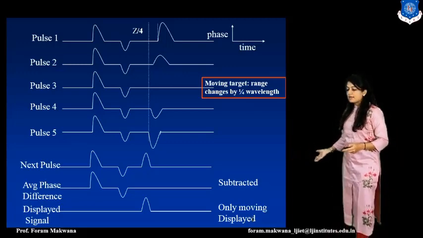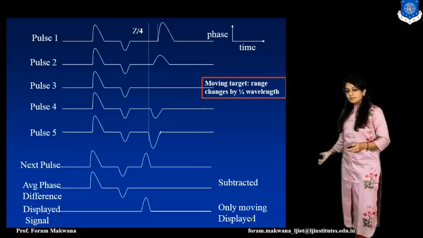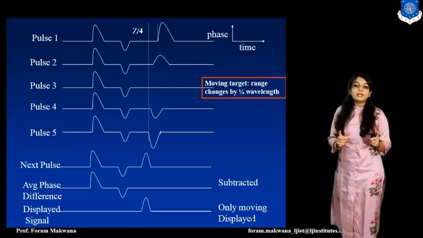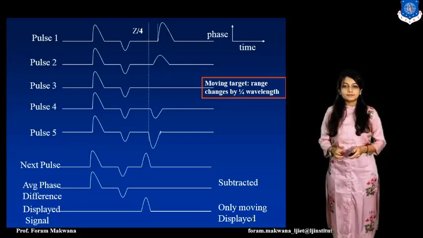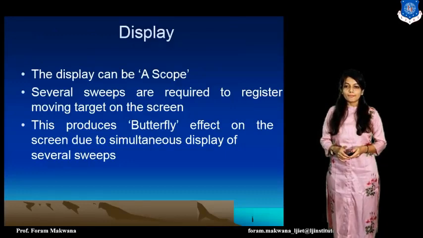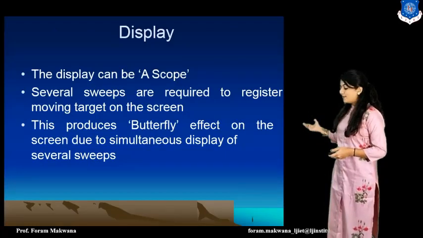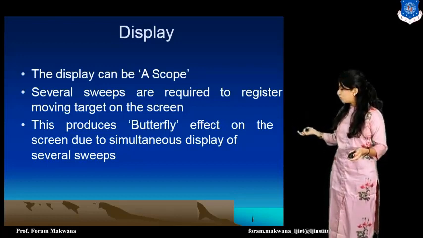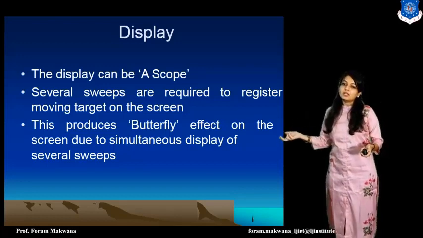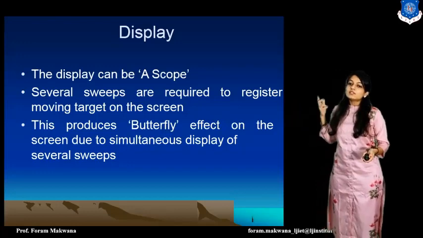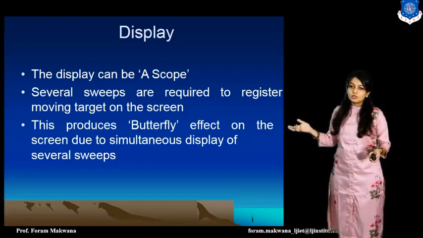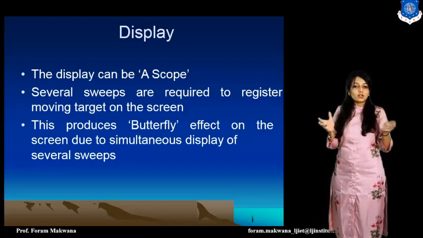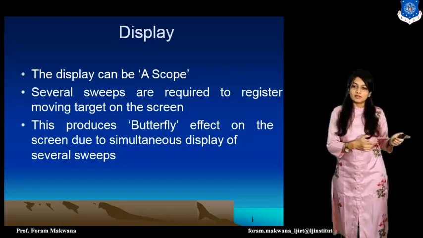Alright, see over here the last display signal, that displays only the moving target. So for display, we are going to use a scope, because several sweeps are required to register the movement of the target on the screen, right?